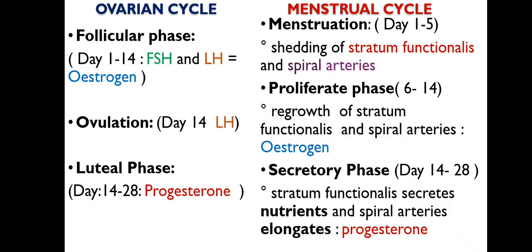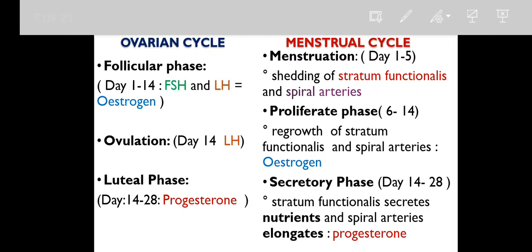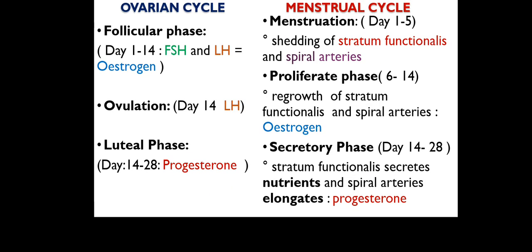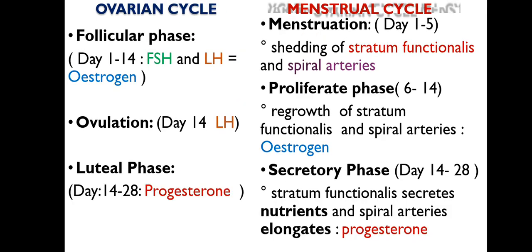What progesterone is just doing now here in the secretory phase is that it will make sure that this stratum functionalis is secreting nutrients. Okay, for those that do biochemistry, they understand. This lining will make sure that the fluid in the uterine cavity has got carbohydrates, it has got the much needed proteins and everything, because everything is coming from blood, right?